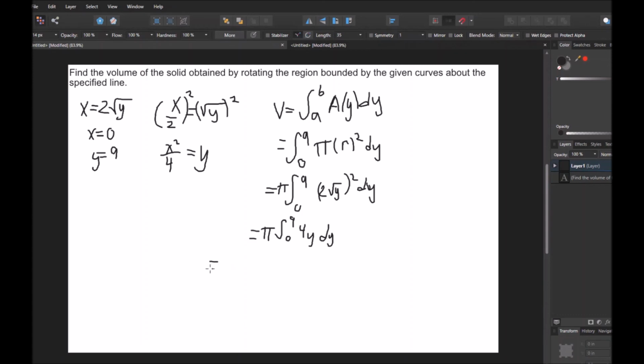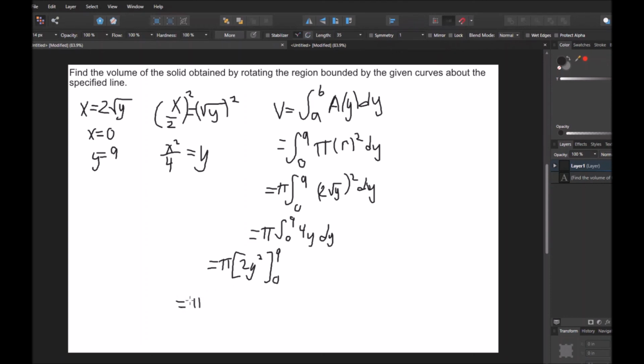Now when we evaluate the integral, that's going to be pi times, and then this 4y is going to become y squared, and the number in front is going to be 2, because if we drop down the 2, it would be 4, and then 2 minus 1 would be 1, so 4y. And that's going to be on the interval of 0 to 9.